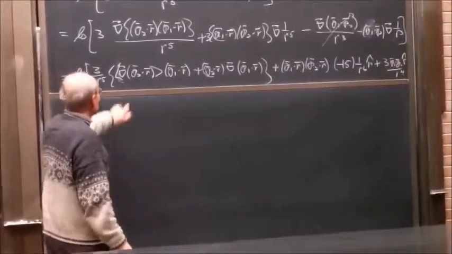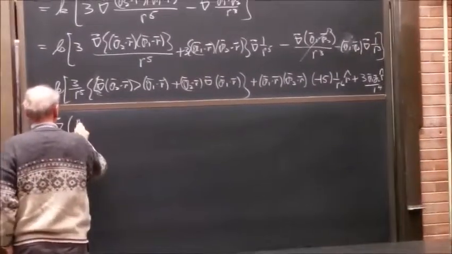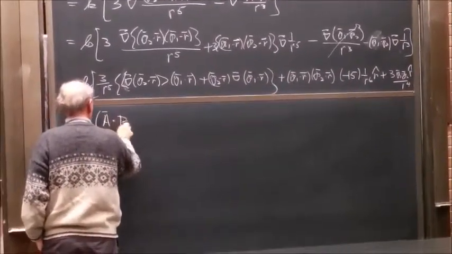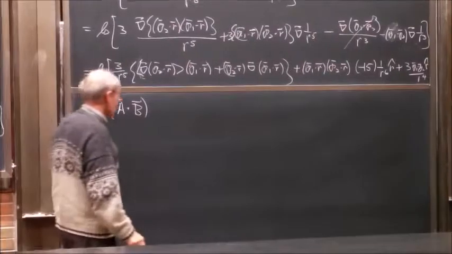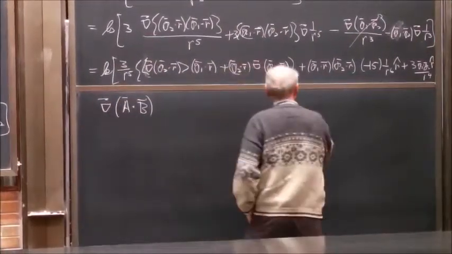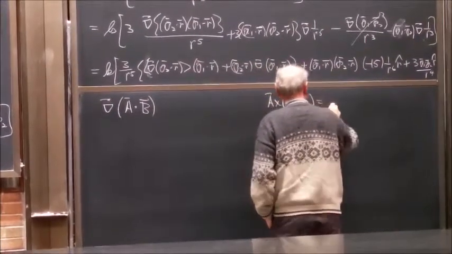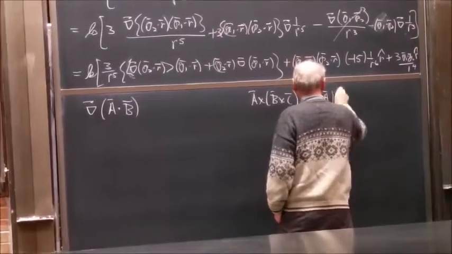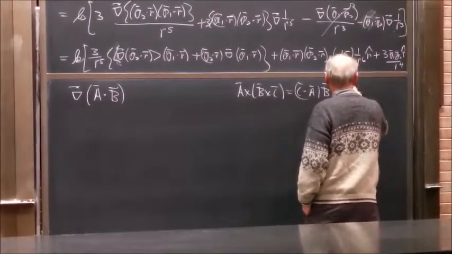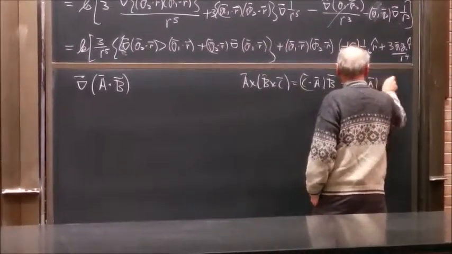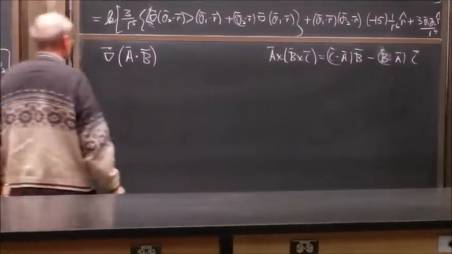Almost done. We need to figure out what this is. The gradient of the dot product of two vectors. We got to figure that out. All right, now to do that, we're going to use the vector cross product. A cross B cross C is C dot A times B minus B dot A times C. Okay?